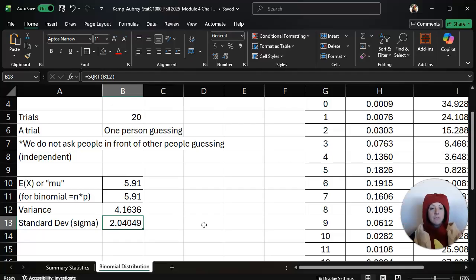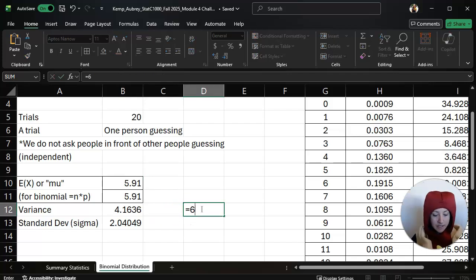So for example, if we ask 20 people to guess and the standard deviation here is 2, that would mean on average, if we did this experiment a lot, we'd find that the mean or expected value would approach about 6 with a standard deviation of 2, meaning 6 plus or minus 2 would be very common expected values for the number of people. So let's think about that.